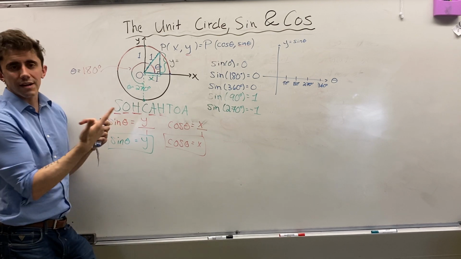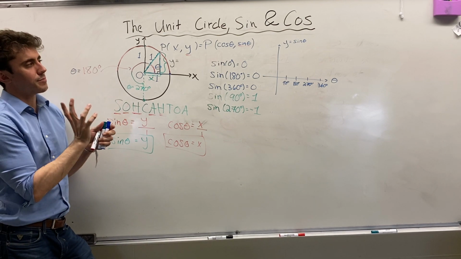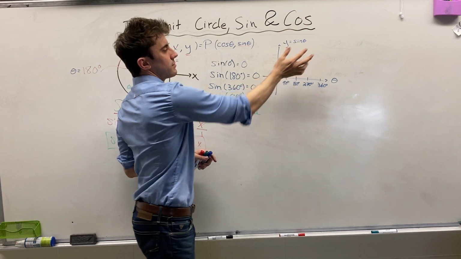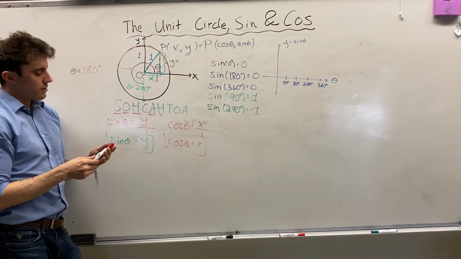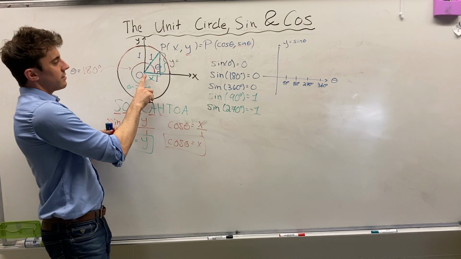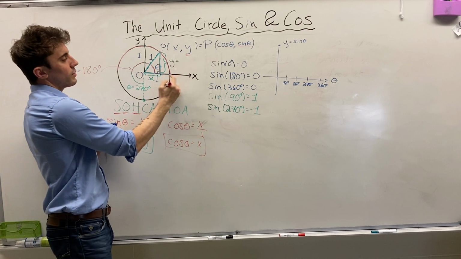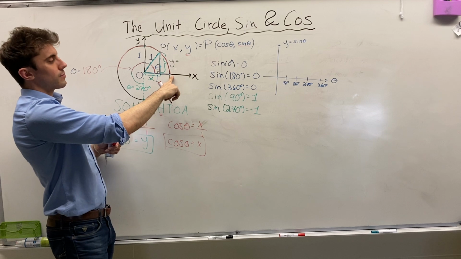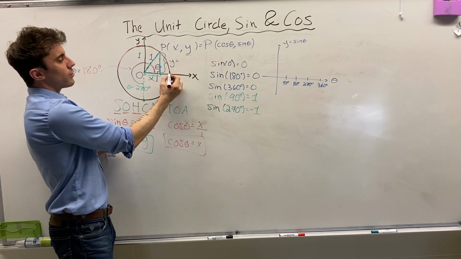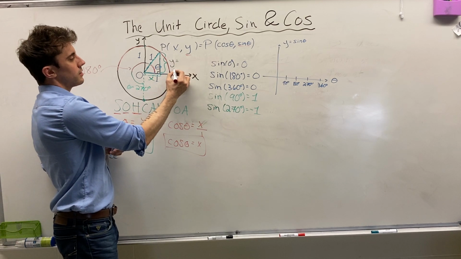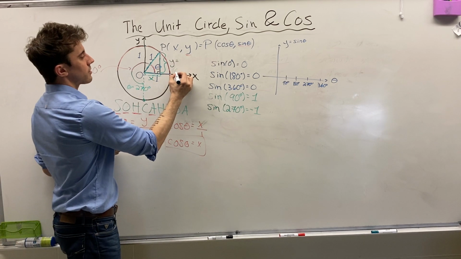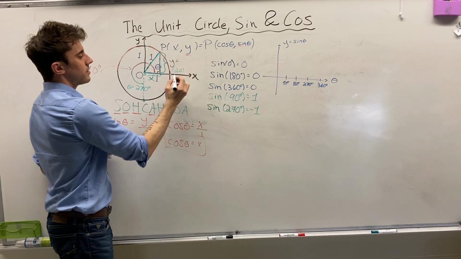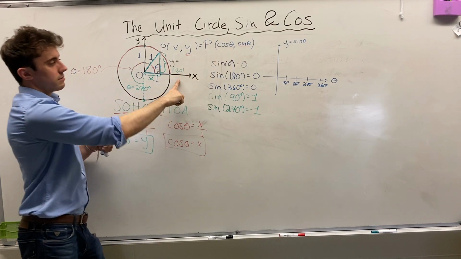If we want to draw a very basic sine graph for y equals sine theta, we can run through these values. When theta is equal to 0, then the point is right here, because we're always starting on the positive x-axis. And so the coordinates for this point are 0 and 0. And so sine theta is equal to 0.